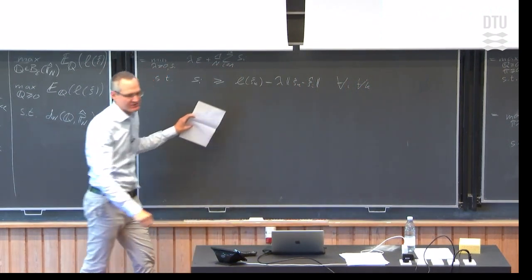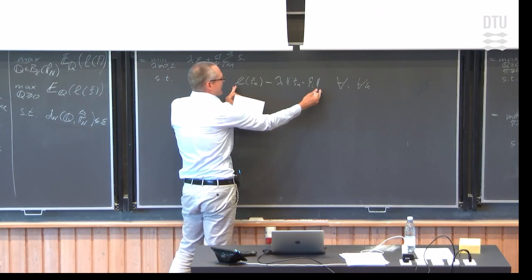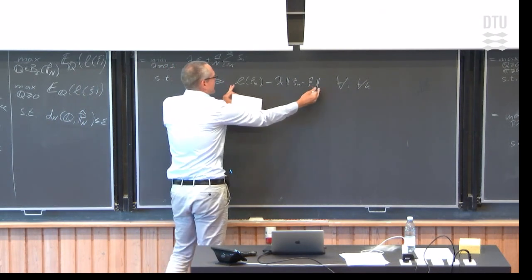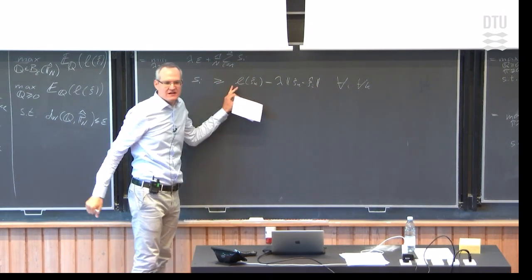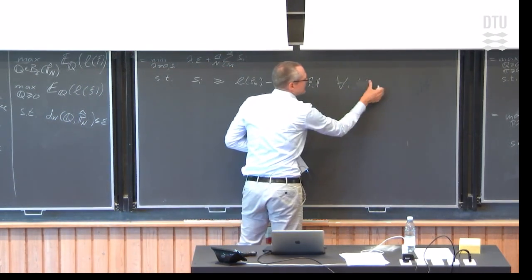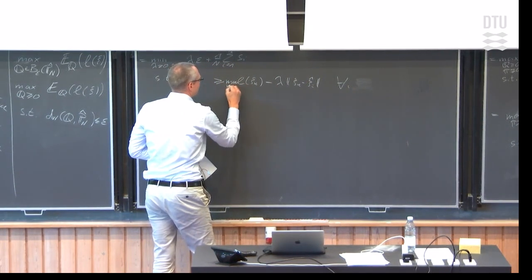Okay, that's just rearranging things. Now the right-hand side depends on k, and I want it to be smaller or equal to Si for every k. So I can actually drop the for every k and introduce a max here. I can take the maximum over k.